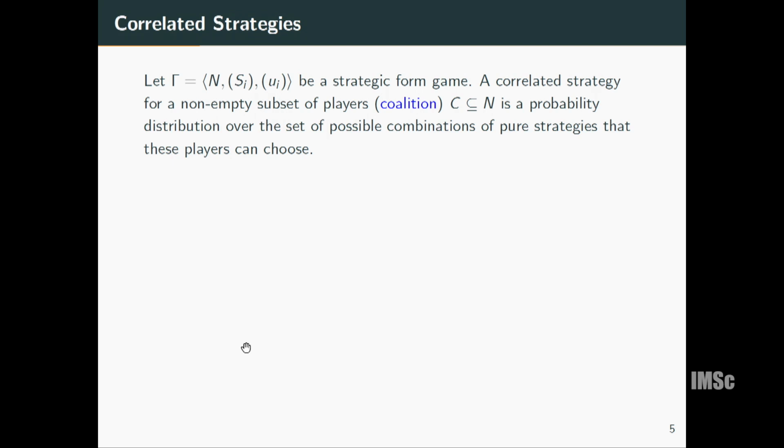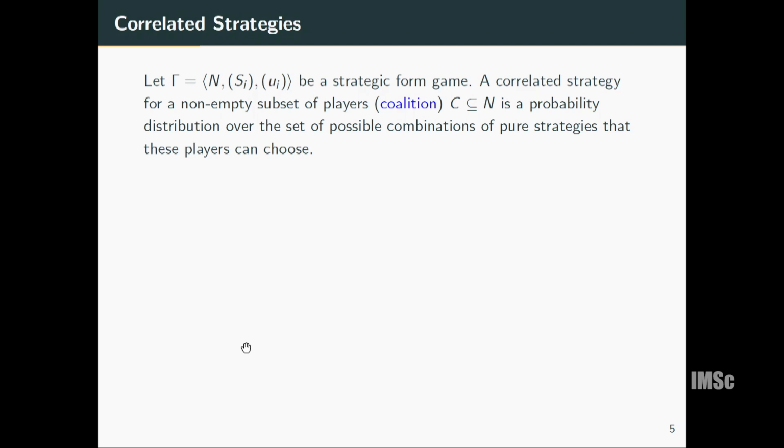Okay, are we okay now? Good. Let's come back to the correlated strategies, which I just explained in the last slide. There are two terms: one is correlated strategy, which we will bring, but the other is coalition.